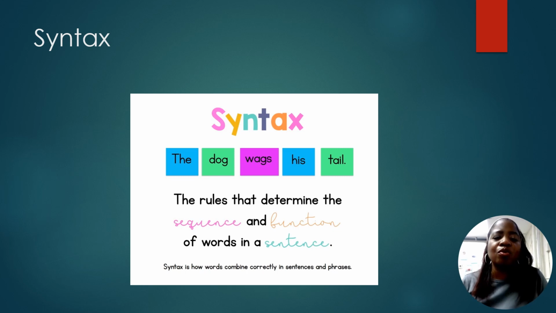Syntax is a rule that indicates and dictates sentence formation. It is the study of sentence structure and how clauses and phrases are formed in a sentence. Syntax is important because it helps people to communicate in a way that they can understand. If syntax is not present in a student's work, their writings may be jumbled and confusing.